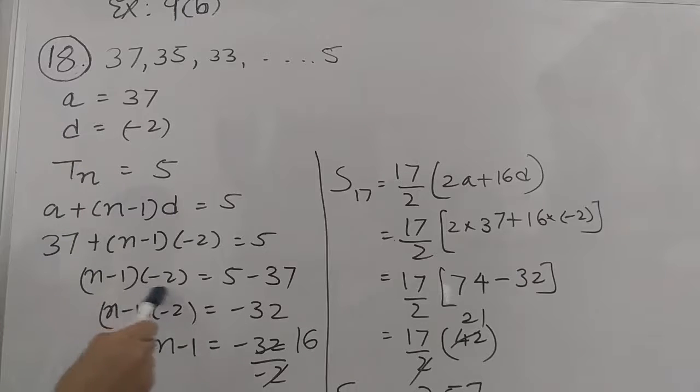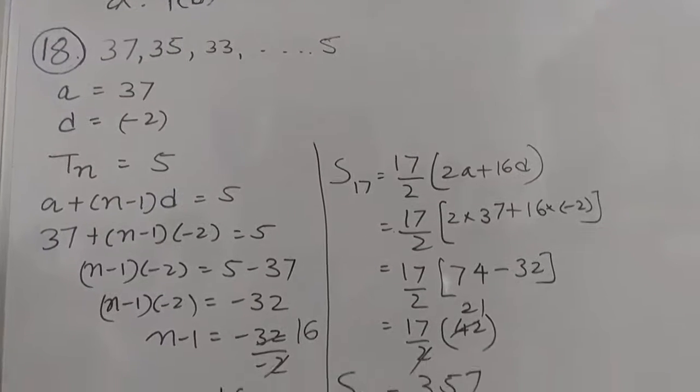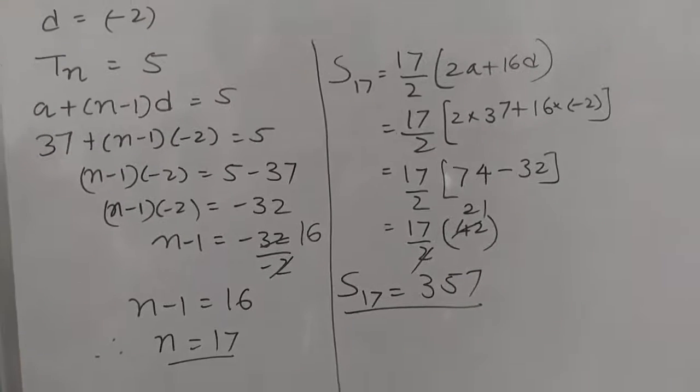Now (n minus 1)(minus 2) is equal to 5 minus 37, so here I get minus 32. Now we divide by minus 2, and minus minus becomes positive. So I get n minus 1 is 16, so the n value is 17.